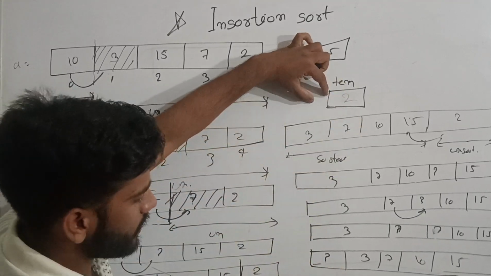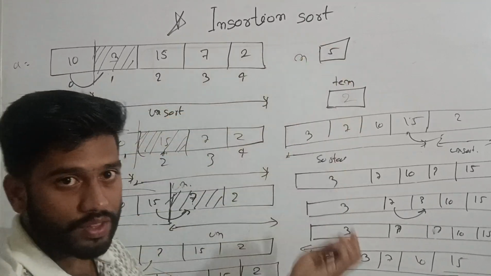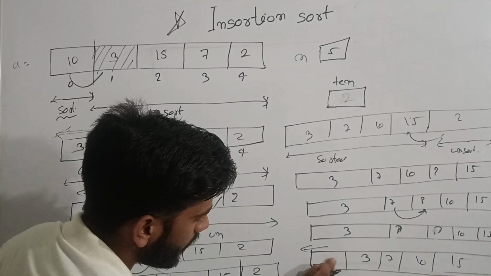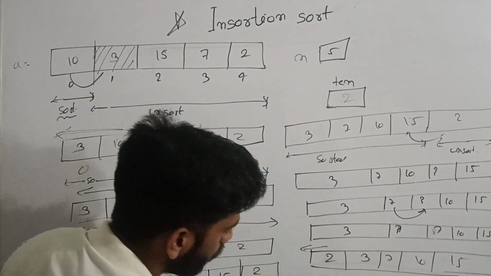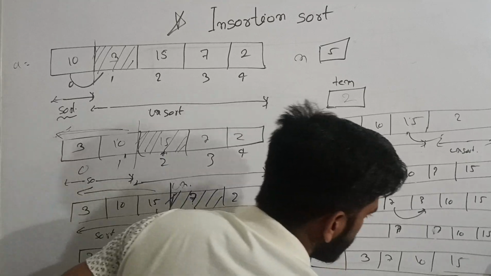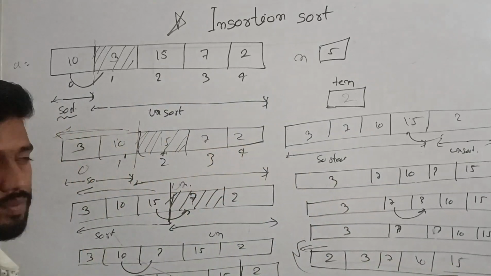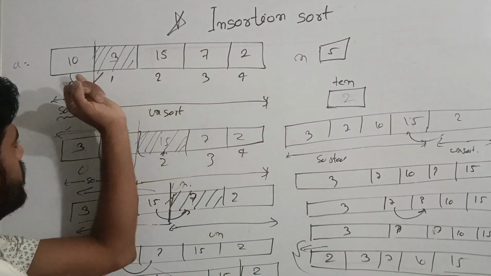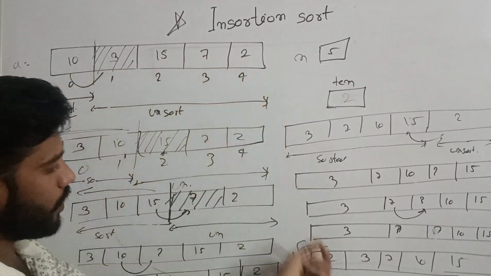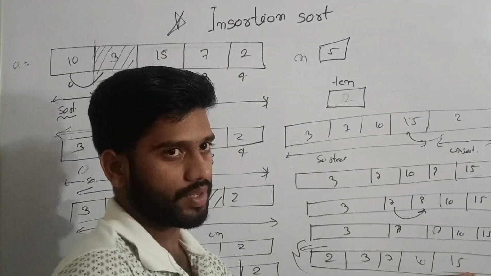Again it will be checked: is there any element here? No, there is no element. Now it is the proper and appropriate place for 2. Now this is our sorted data: from 10, 3, 15, 7 and 2 we get 2, 3, 7, 10 and 15.